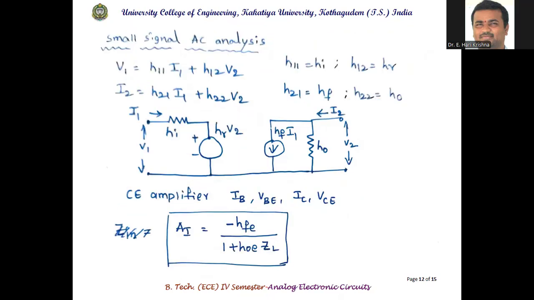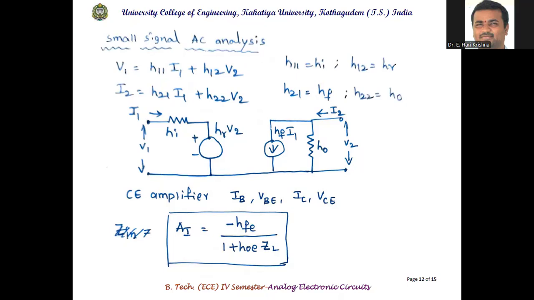Then I want to show some important discussion regarding small signal AC analysis. So it is H parameter analysis. You can see V1 is equal to H11 I1 plus H12 V2. I2 is equal to H21 I1 plus H22 V2. A simple point I want to mention here is that from the characteristics of the transistor, because of its behavior, input voltage and output current are functions of input current and output voltage.